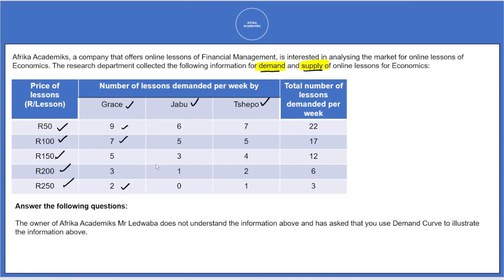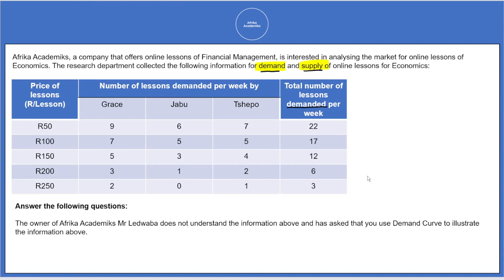All right. And then Jebu also gave his opinion, and then ended up saying, no, at 250 I won't afford, so I won't attend anything. And Sapo said at 250 I'll only just take 1 lesson. Okay, that's part of research, right? So after doing all of that, we then got a total number of lessons demanded per week. This is demand, by the way. You can even hear by the word demanded. So here we're talking about demand. We're not talking about supply.